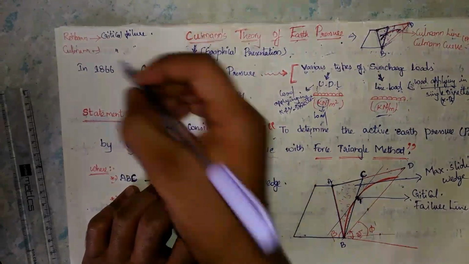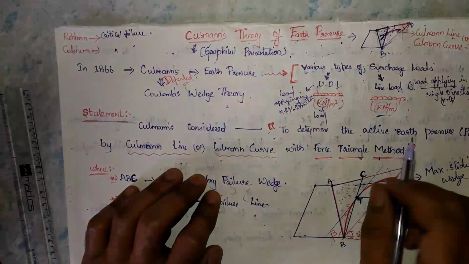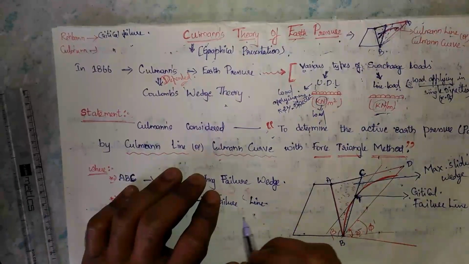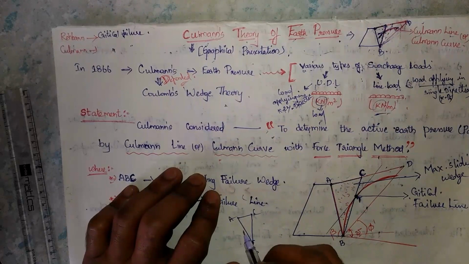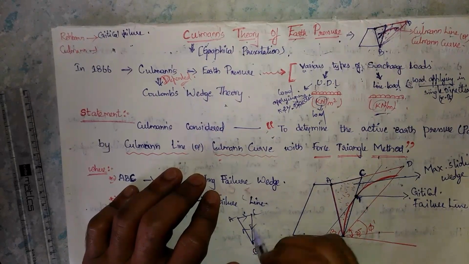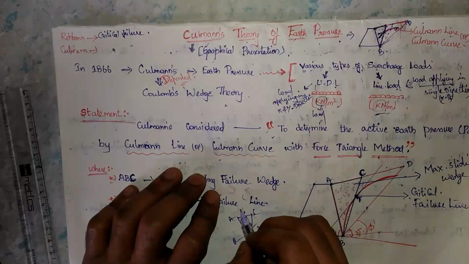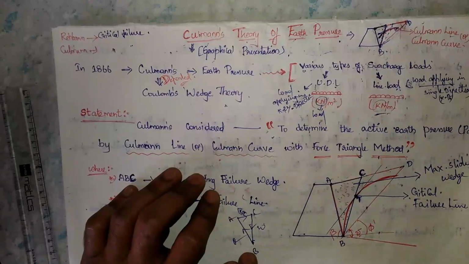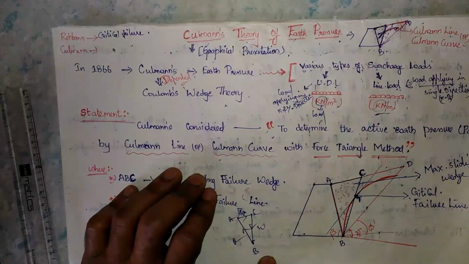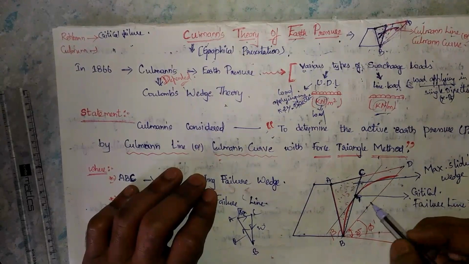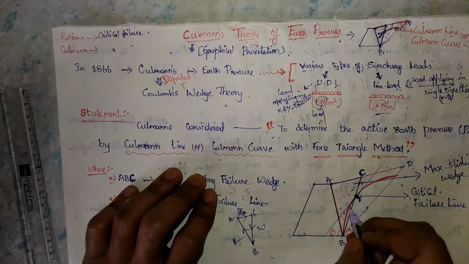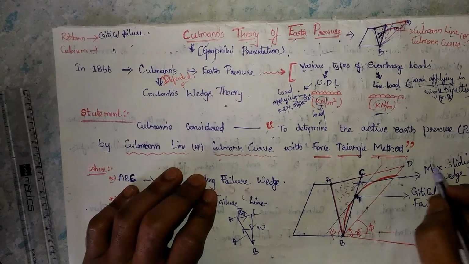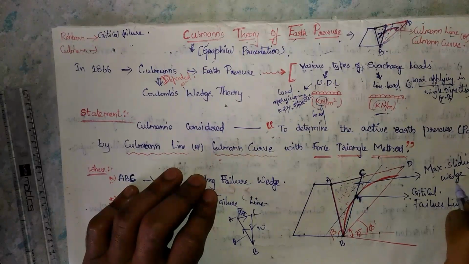We know this was determined in Coulomb's wedge theory. For example, this is A, C, B, with W, R and PA. This is the force triangle method. Where the critical failure line is developed, at that condition the maximum sliding wedge is also forming.